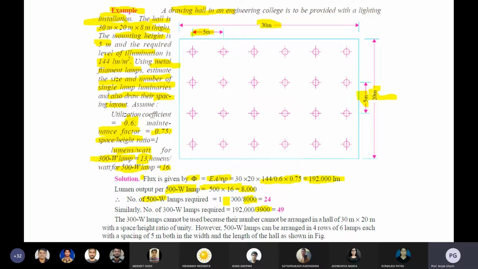So if you divide by all those factors, it is coming 24 and 49: 24 for your 500 watt and 49 for your 300 watt lamps.